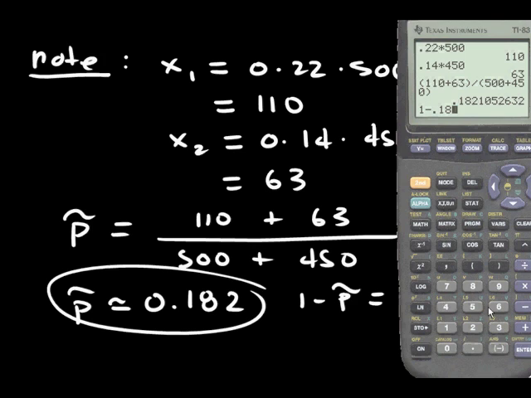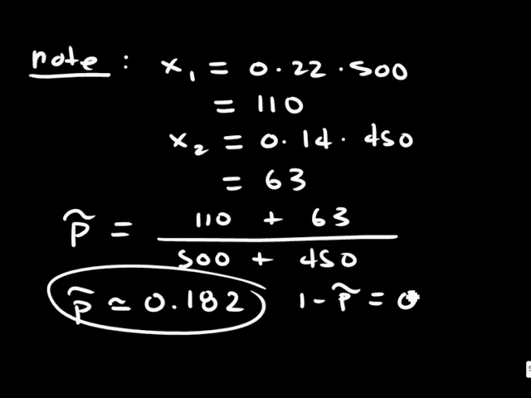So, combined with the two sample proportions, 22 and 14, we can now compute our test statistic.